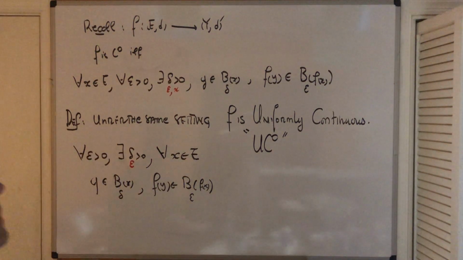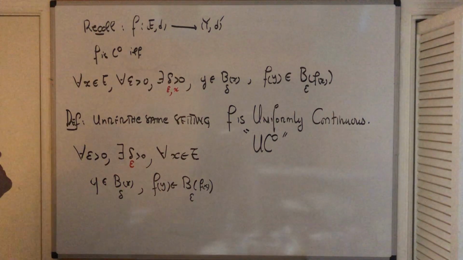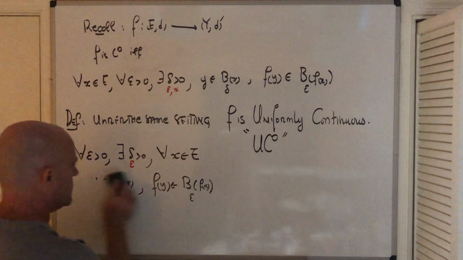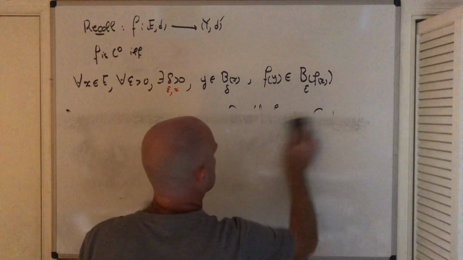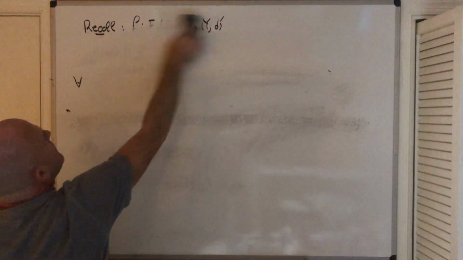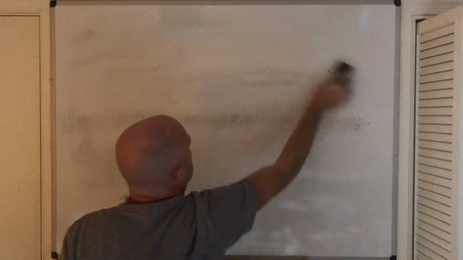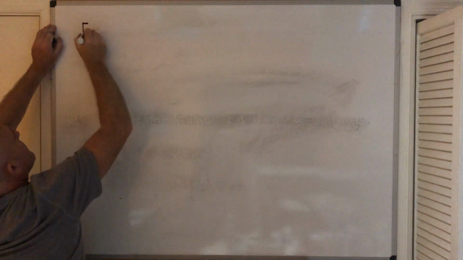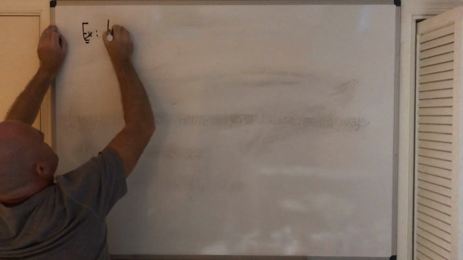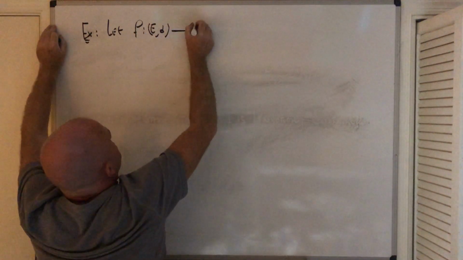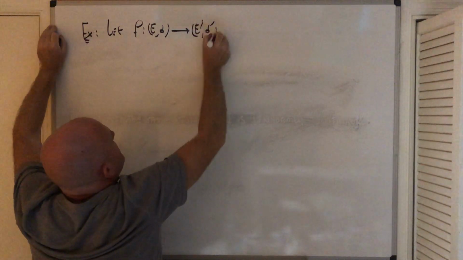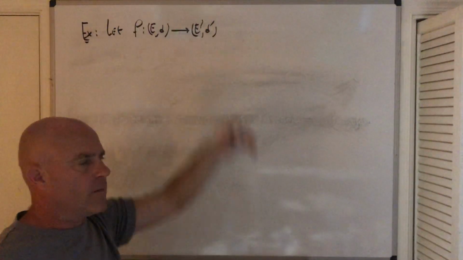There are examples of functions which are uniformly continuous and some which are not uniformly continuous. I'm going to leave this as an exercise. Let f go from (E, d) to (E prime, d prime). You can take any example you want. It could be from R to R with the same metric.